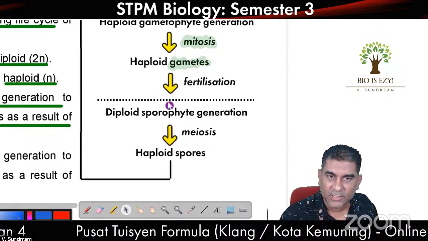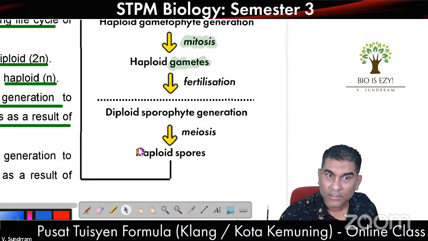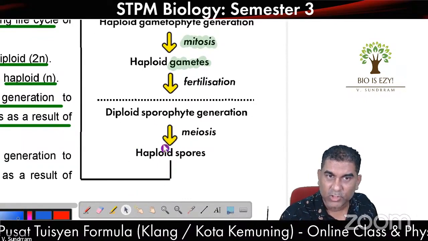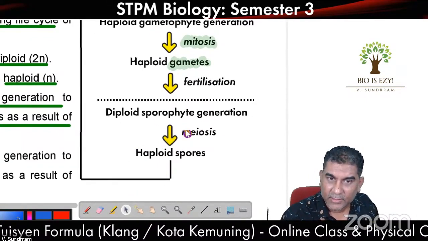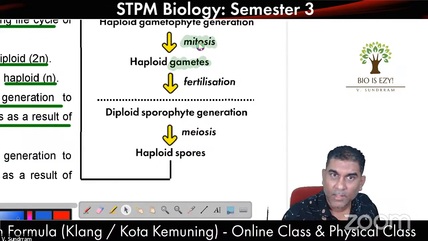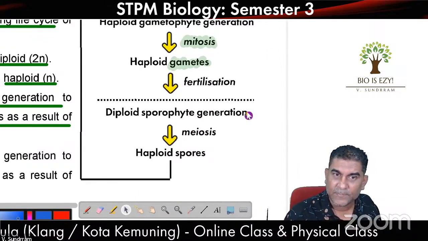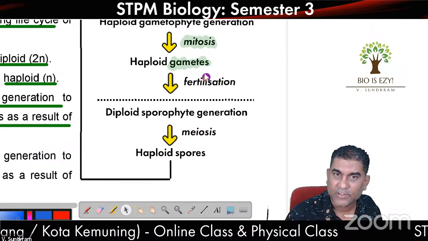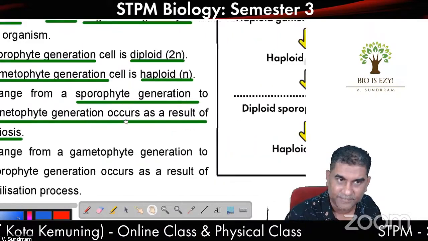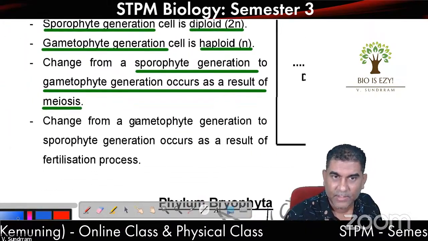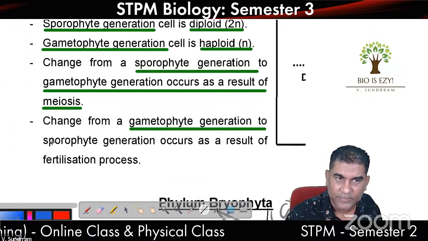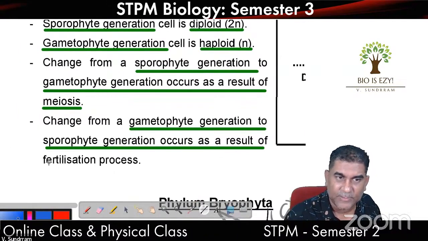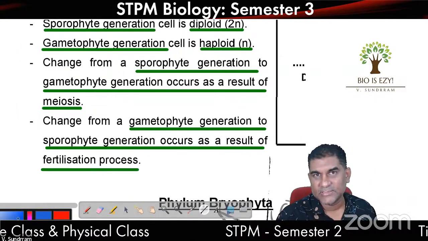The haploid spores are going to become the gametophyte through meiosis. Gametophyte generation becomes sporophyte generation because of fertilization.